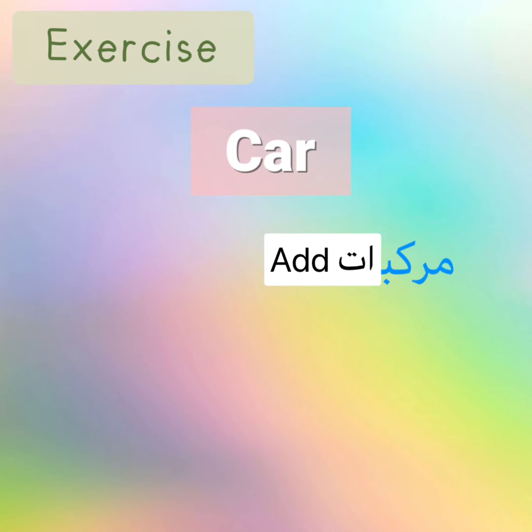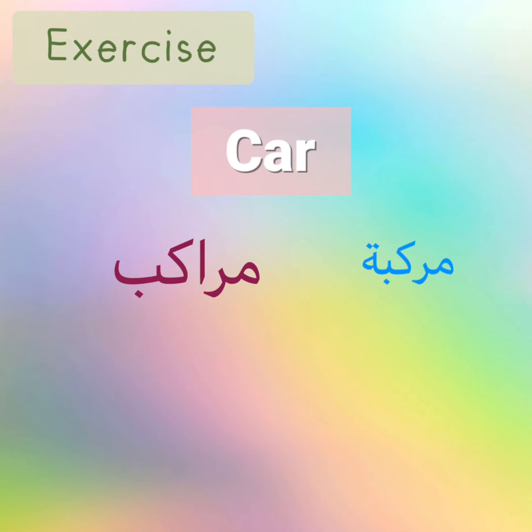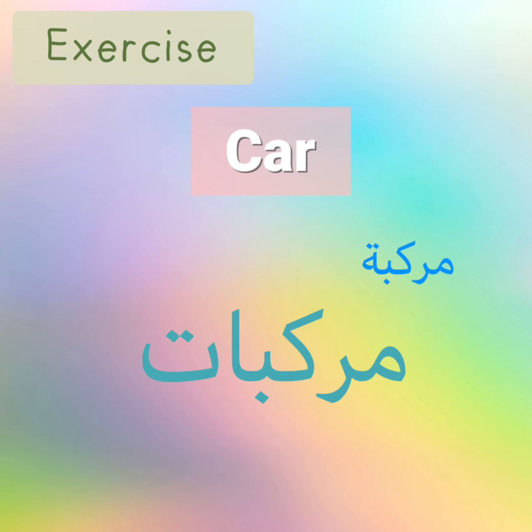So the word would be مركبات. It is a common mistake that even Arabs themselves say marakib instead of markabat. Now this is wrong. The plural of markaba is markabat and not marakib.